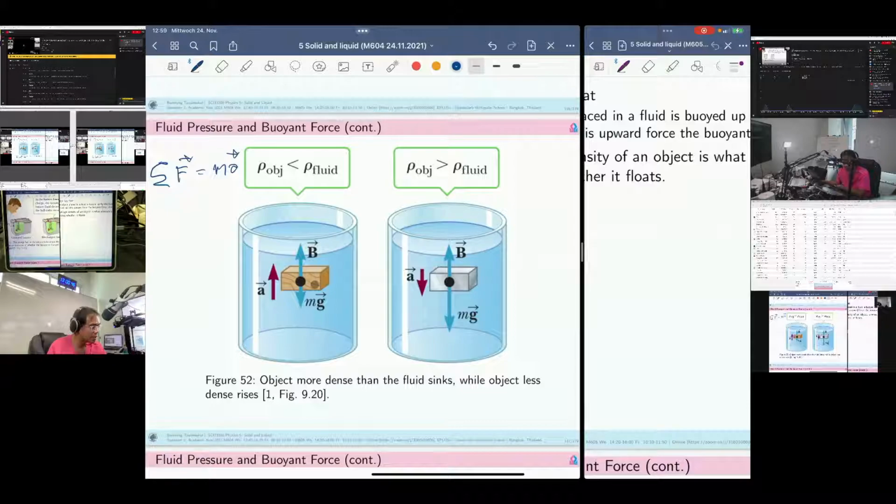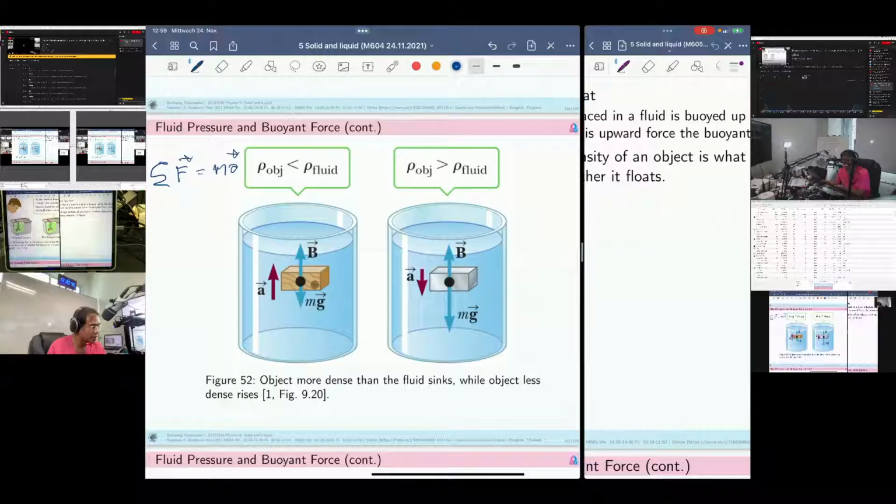Let's take a look at the second experiment, when the density of the object is greater than the density of the fluid. In this case, of course, we also have the same amount of buoyant force. You can see the length of vector B is the same on both figures.